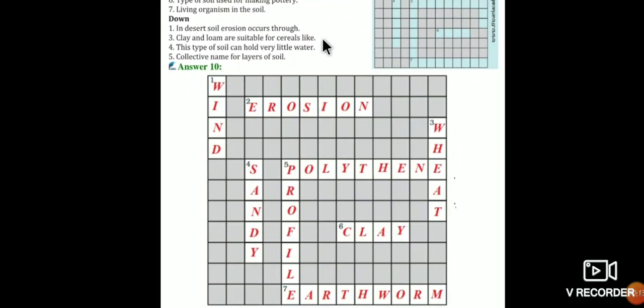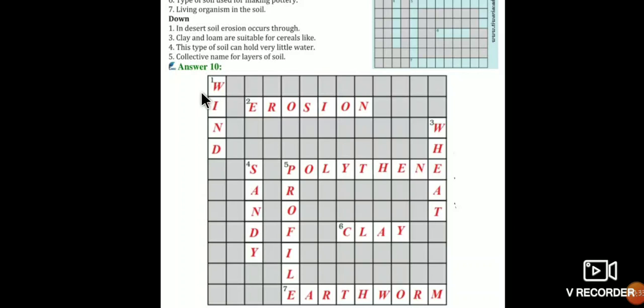So we should write five letters, WHEAT, wheat. Next fourth one, this type of soil can hold very little water, that is sandy soil, SANDY soil. This is the fourth question answer.